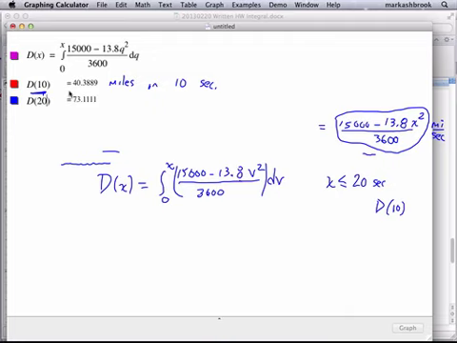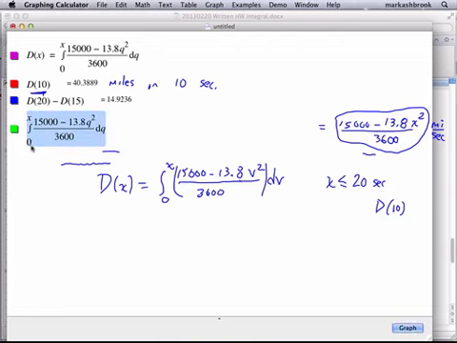How else could I do this? What could I do? I could do this, right? We'll put 15 and then 20 up top. It ought to give me the same value. Good. It worked.